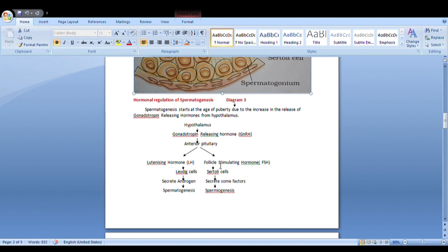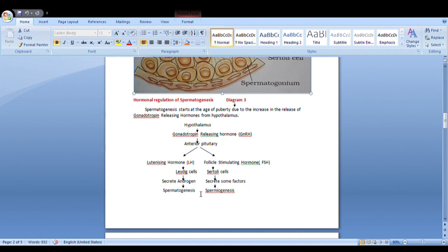Then the other hormone, follicle stimulating hormone or FSH, it acts on Sertoli cells. We know Sertoli cells are nutrients providing cells. So when the Sertoli cells get stimulated by the follicle stimulating hormone, it secretes certain factors, that is certain chemicals are released that stimulate spermiogenesis. Thus the process of spermatogenesis is regulated by hormones.